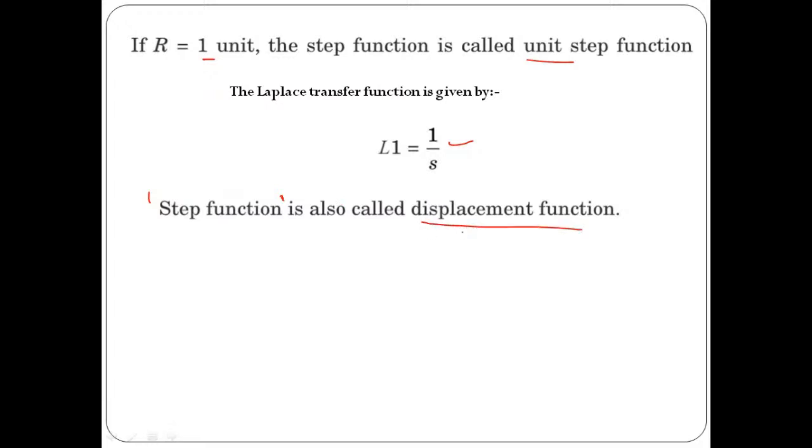I think now it is clear to everyone, because if you take Laplace of 1, it is going to be 1 by s. The moment you take r equals to 1, it is called as unit step function. And here this 1 stands for the magnitude of that particular system or signal.